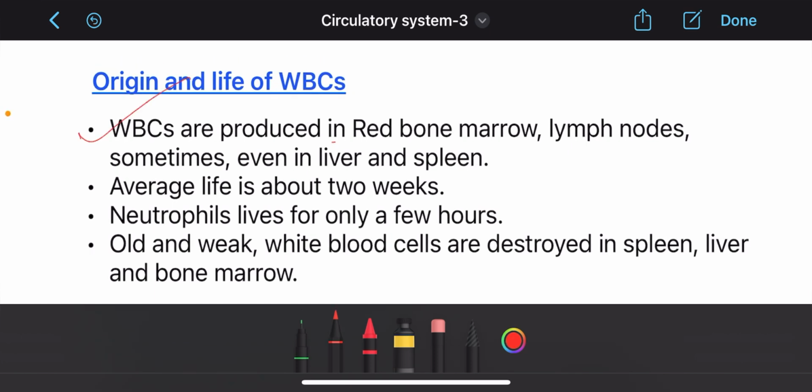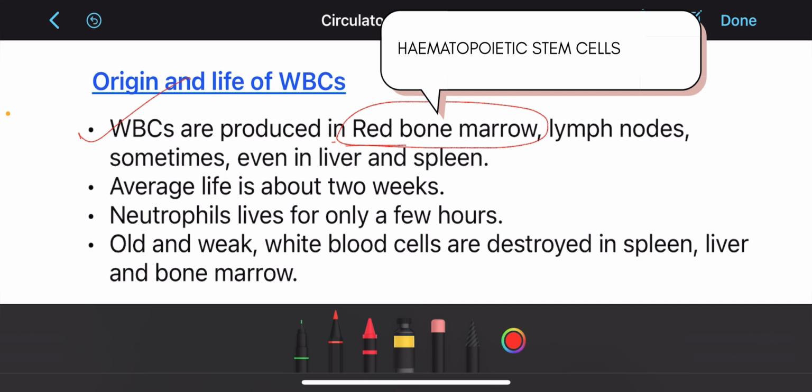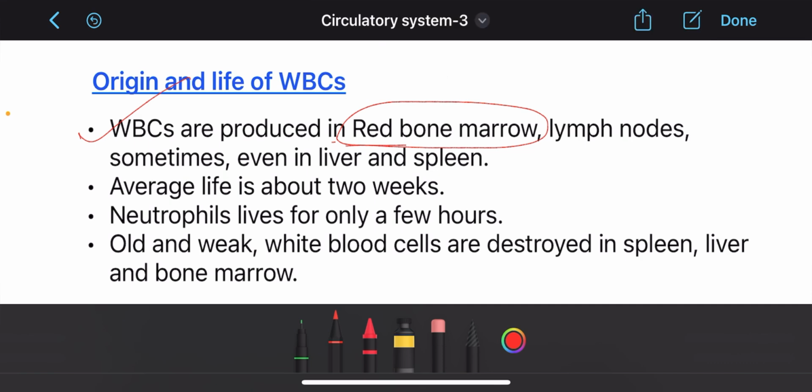The WBCs are produced in the red bone marrow by the hematopoietic stem cells which give rise to different types of blood cells. They are also produced by the lymph nodes and sometimes even in liver and spleen. The average life is about 2 weeks, which is quite less as compared to the average lifespan of RBCs, which was about 120 days.